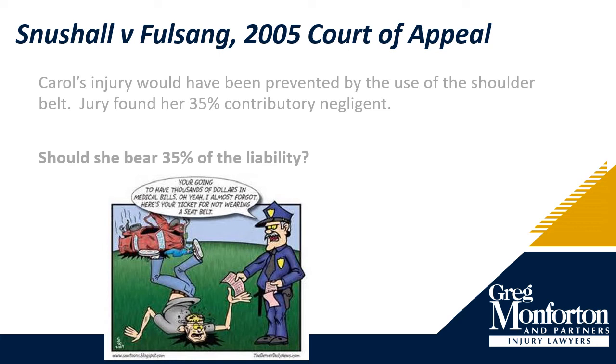What the jury was asked to decide was whether or not Mrs. Snushel was contributorily negligent for failing to wear a full seatbelt assembly which was available to her. At the trial level, the jury found that Mrs. Snushel was 35% contributorily negligent, and they found that her injury would have been prevented by the use of the shoulder belt.